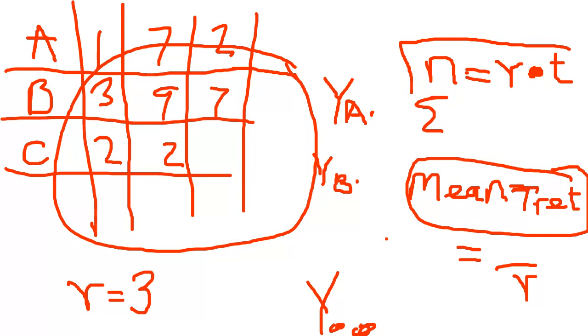So again, it takes us back to N is not equal to R times T. If the experiment is not balanced, N is not equal to R multiplied by T. Because when you multiply 3 by 3, you will get 9, but you're not having 9 values here. So that part where I said N is equal to R multiplied by T applies only when the experiment is balanced. Yes, Candy?